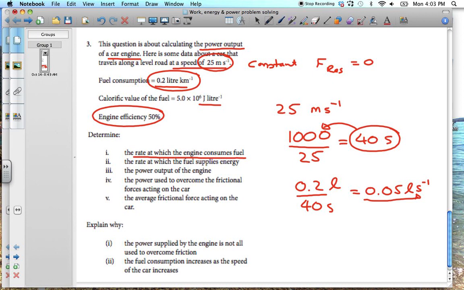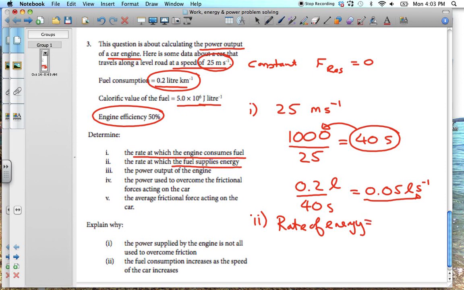Alright, so now the rate at which the fuel supplies energy. We've got it supplying that amount per second, and we know that every liter is giving us 5.0 times 10 to the 6 joules.